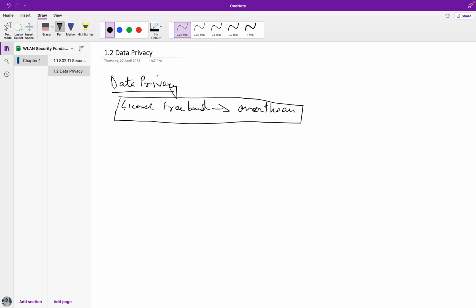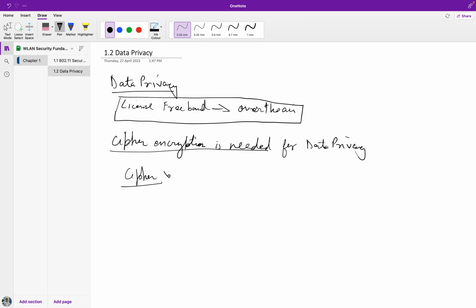Okay, now what is a cipher? I just spoke about cipher encryption. Let me just write that down here also. It's needed to secure it for data privacy. Now, what's a cipher? A cipher is an algorithm used to perform encryption.